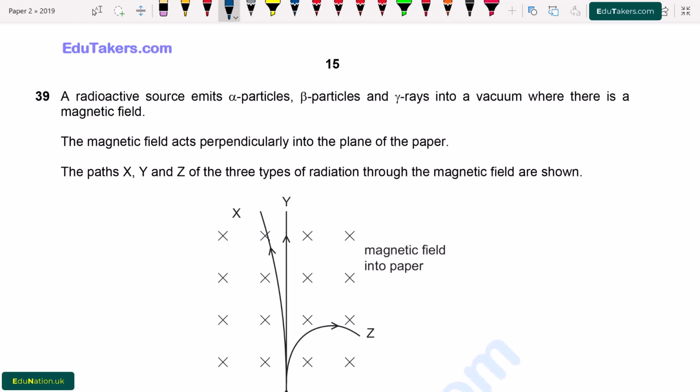Question number 39. A radioactive source emits alpha particles, beta particles and gamma rays into a vacuum where there is a magnetic field. The magnetic field acts perpendicularly into the plane of the paper. The paths X, Y and Z of the three types of radiation through the magnetic field are shown.